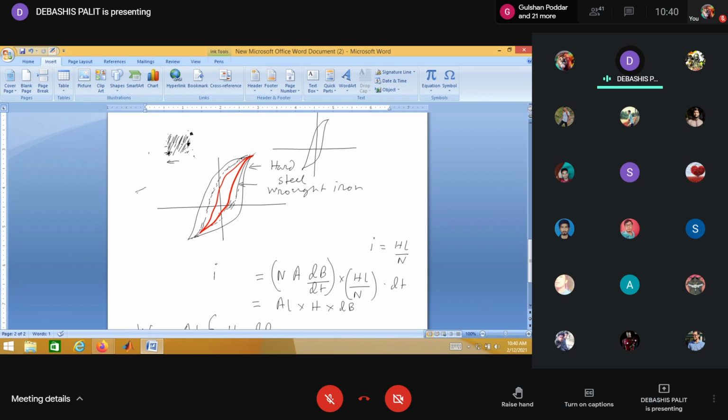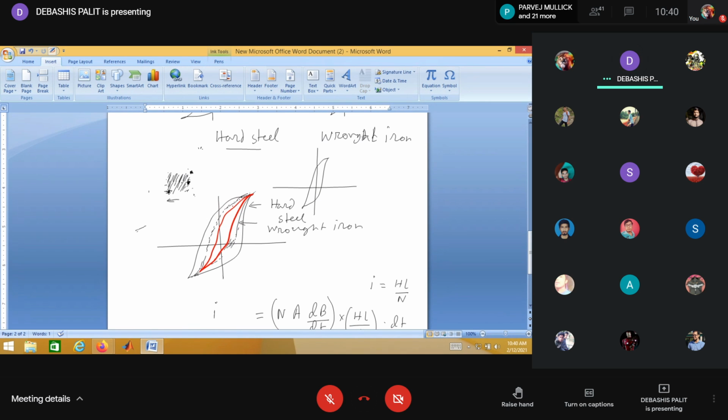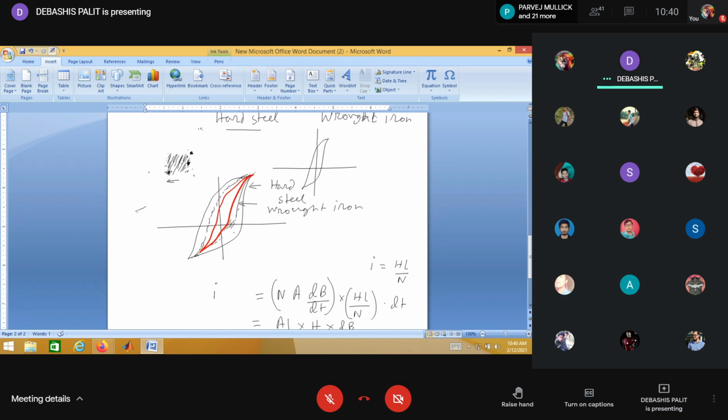There is also a law of hysteresis, the Steinmetz law. The scientist Steinmetz computed the hysteresis power loss. As per the Steinmetz formula, the hysteresis loss pH is equal to eta, the hysteresis coefficient, times F, the cycle frequency.